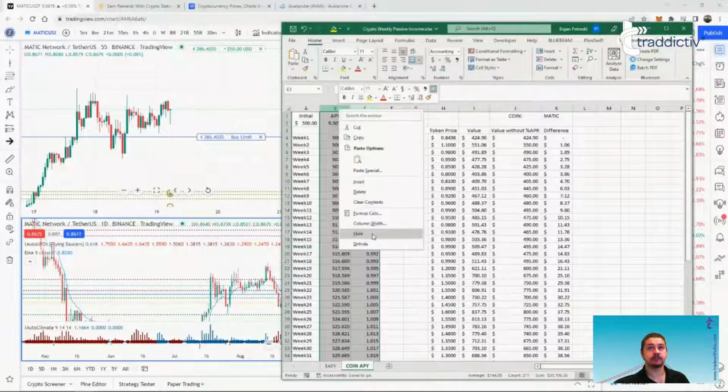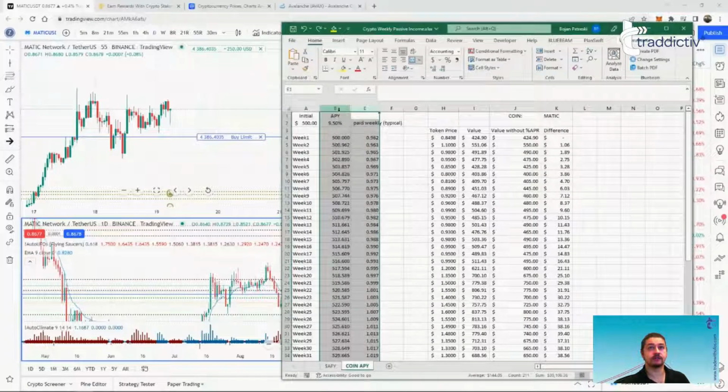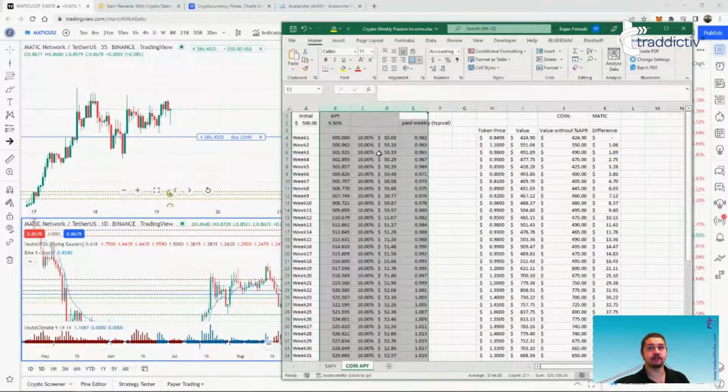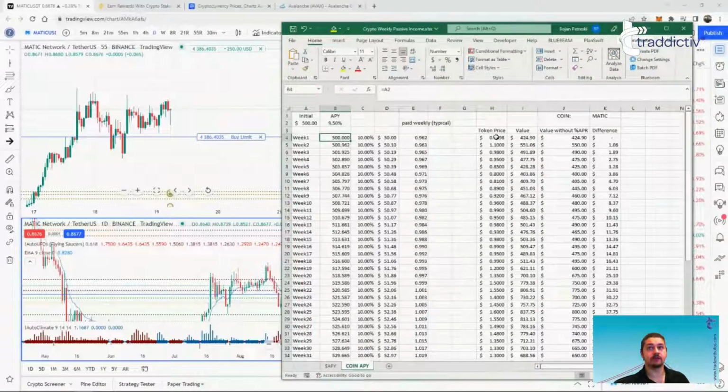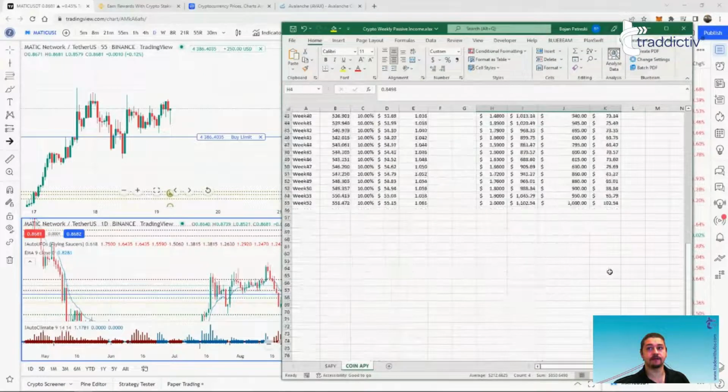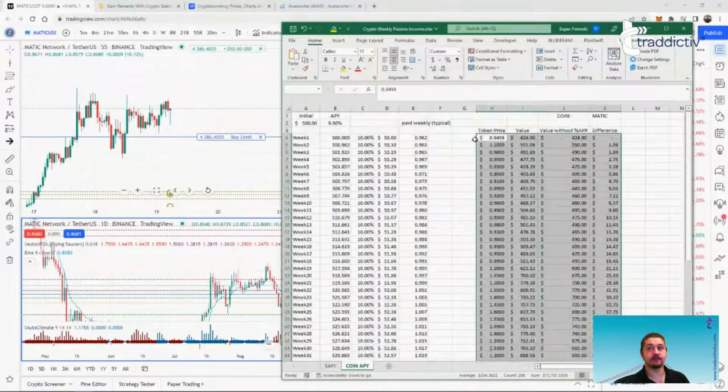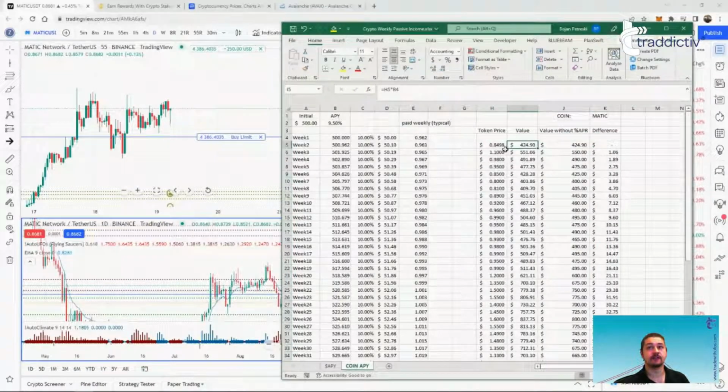Why is it already reducing? I think it's because I have the value here, APY. Oh, I know why. Okay, that's fine. We just need to slide this down by one cell because it actually starts calculating as of the following week.